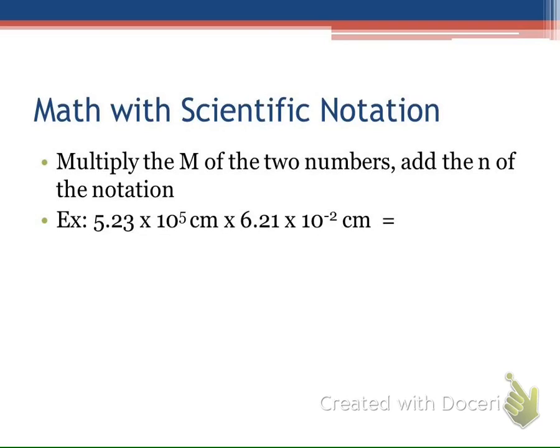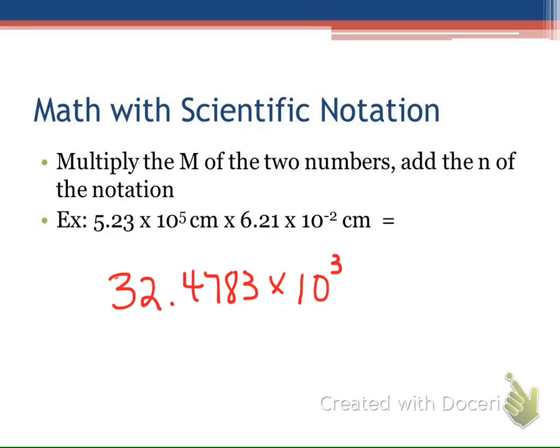Yeah, good question. All right, so our raw number at the end was 32.4783, right? Do we agree with that one? Times 10 to the third, right? 5 plus negative 2 is positive 3.